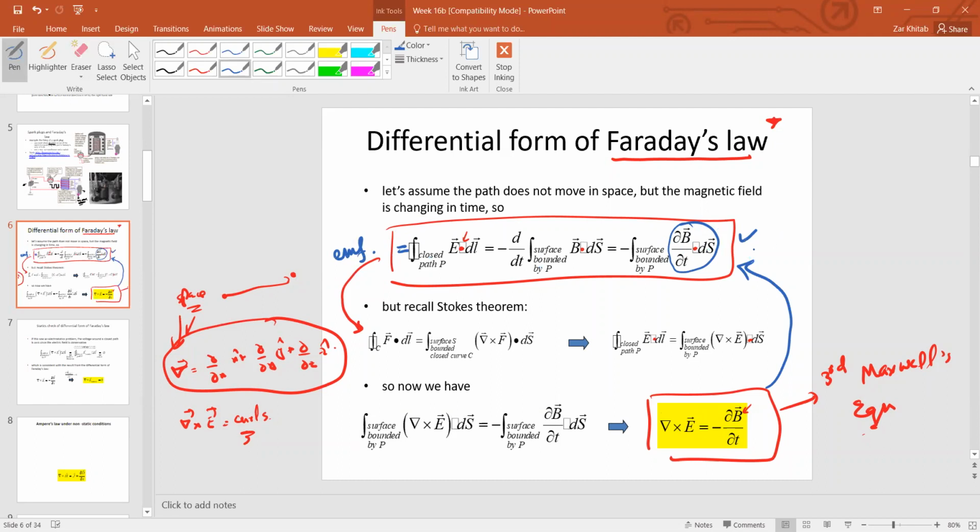Maxwell translates this into a different way, and it tells you if magnetic field is changing in time, it's going to give you the electric field curls. Just go through this little derivation, very simple one, just apply the Stokes theorem and you'll get it. So that's the third Maxwell equation, a very profound discovery in the time varying field. This is for the time varying fields.